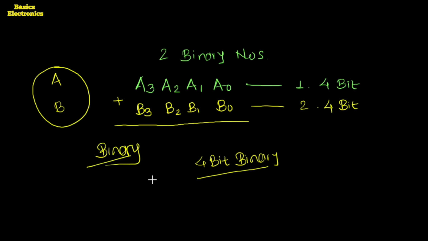So we can say the binary adder is a logical circuit which performs the addition of two binary numbers, whatever the number of binary bits.